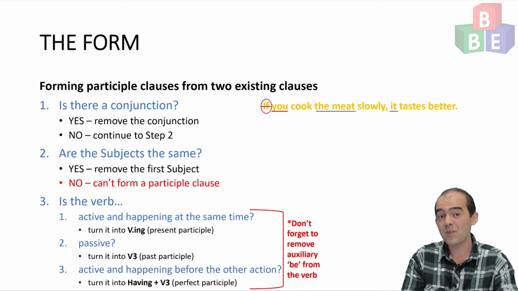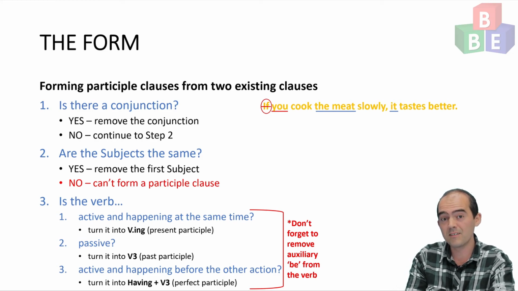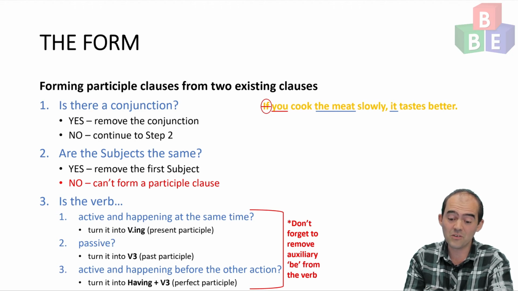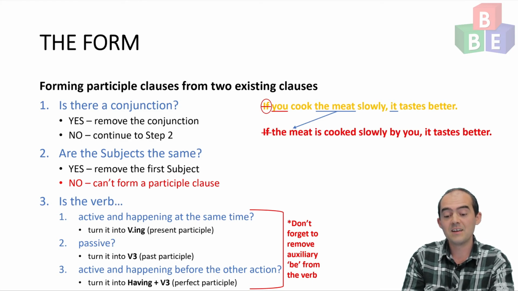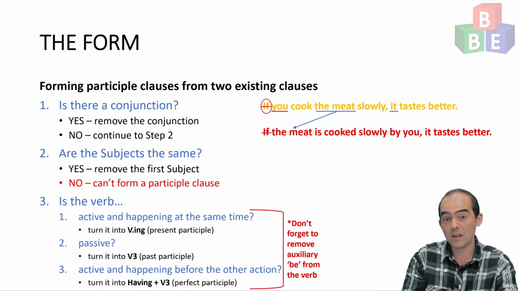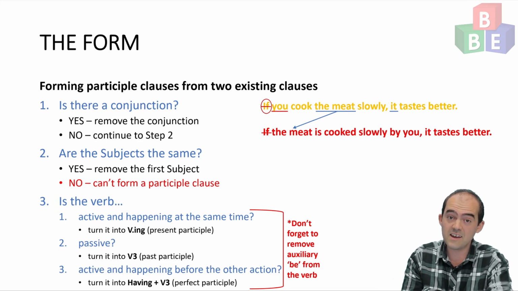Or maybe I can, but I will have to manipulate the original sentence. So I will have to make the original sentence passive by taking the object, the meat, and turning it into the subject. If the meat is cooked slowly by you, it tastes better.